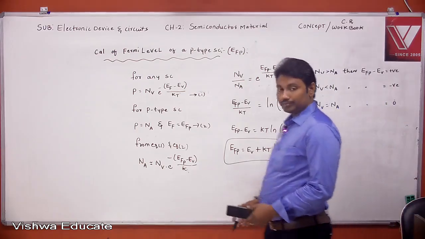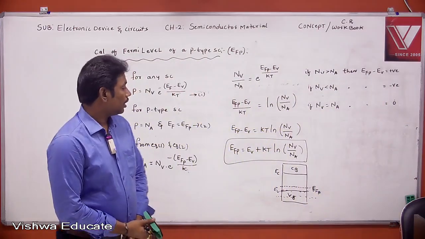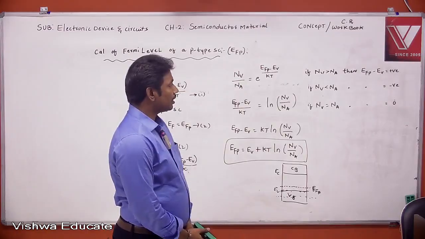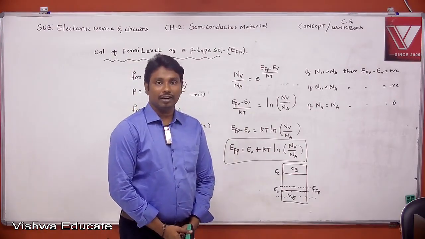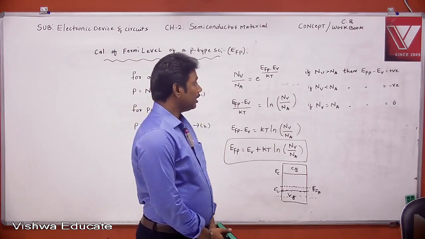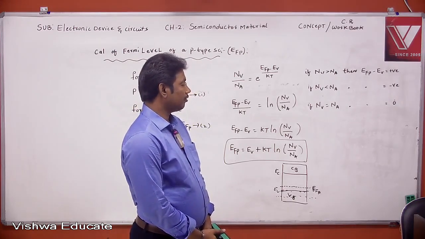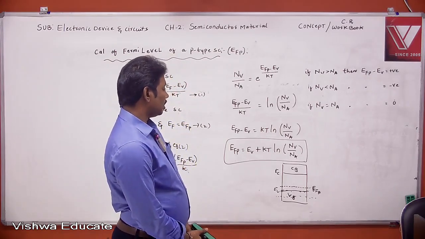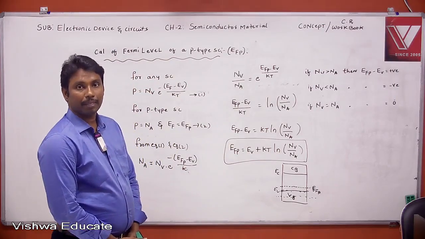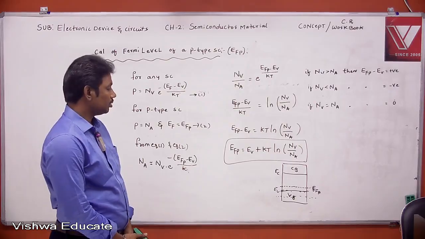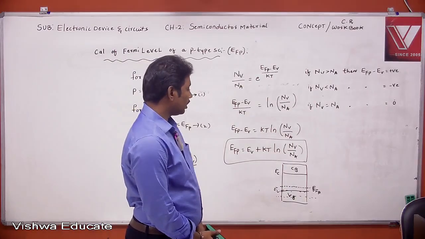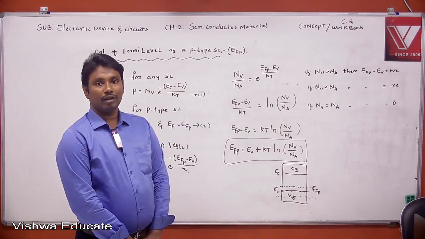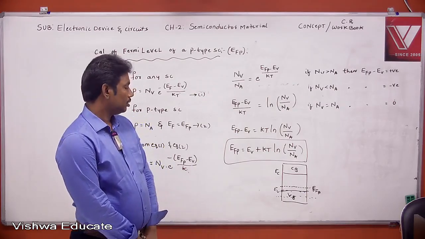Note. First point, if NV is greater than NA, then EFP minus EV equals positive. That is, the Fermi level lies above the valence band.